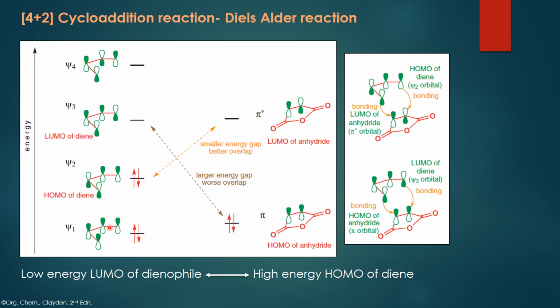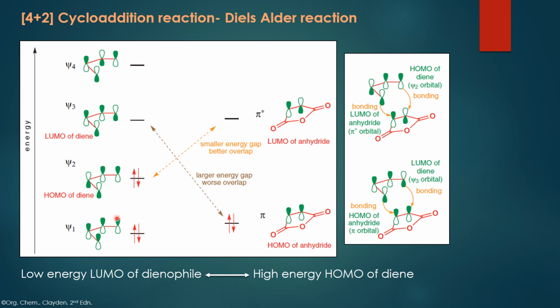In butadiene, we have 4 pi electrons, and as per molecular orbital theory, each molecular orbital can accommodate only 2 electrons. So 2 electrons enter the lowest molecular orbital psi 1, and the other 2 enter the next higher molecular orbital psi 2.